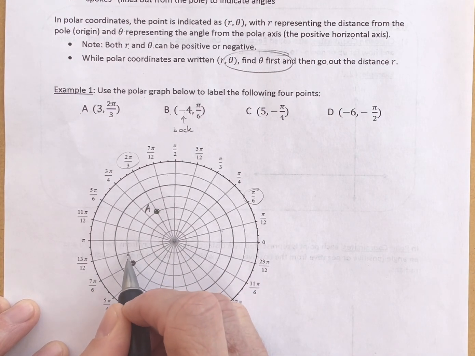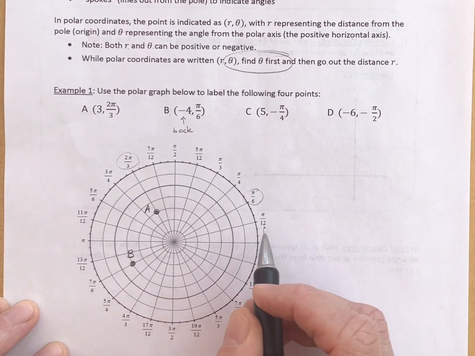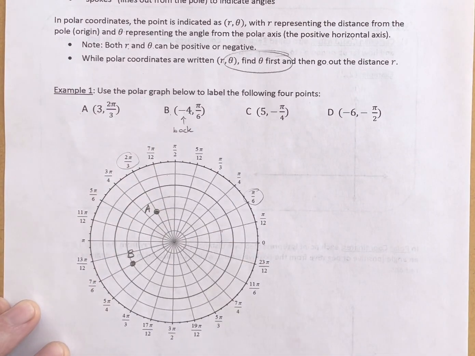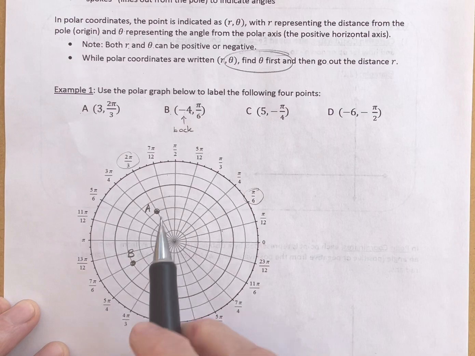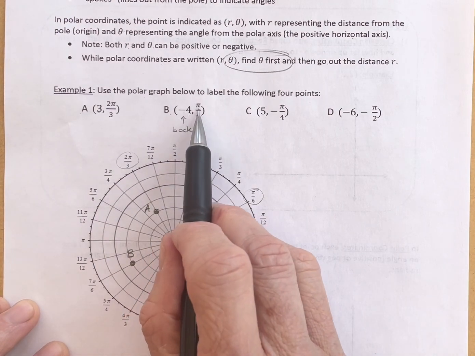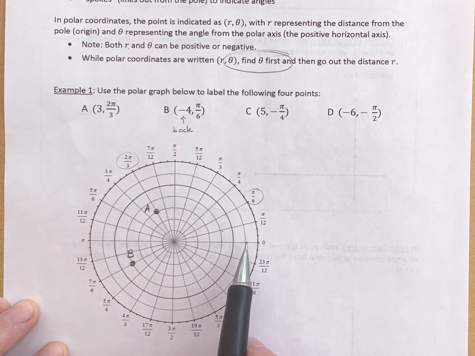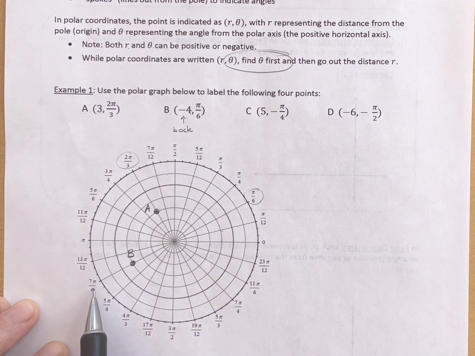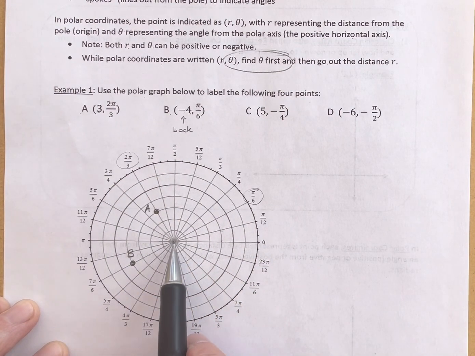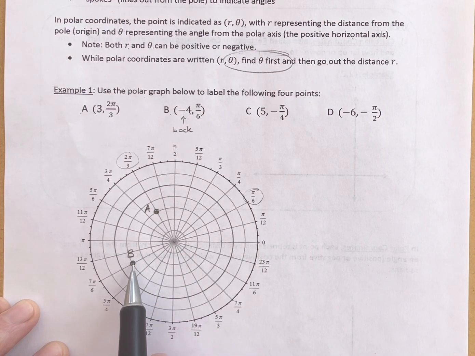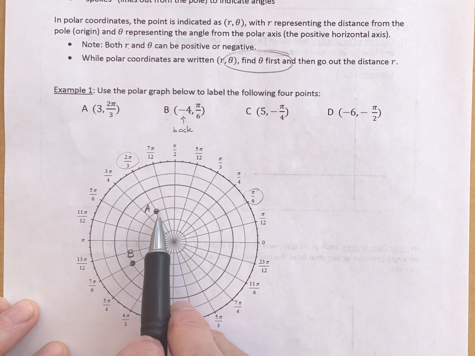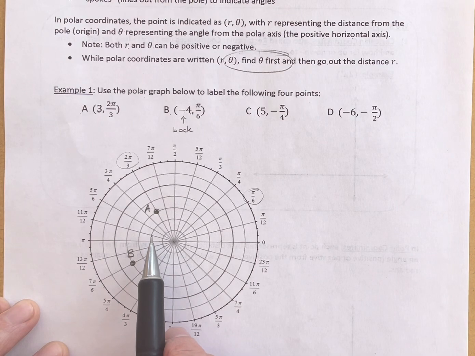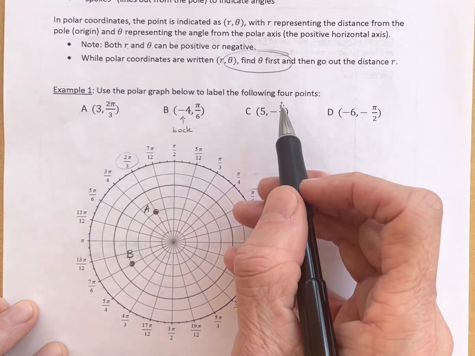And this is the point B, which is negative 4 comma pi over 6. Notice again, the same point, we could have gone around all the way to 7 pi over 6, and then we would have gone positive 4 out. So again, in polar, lots of possibilities for every point.